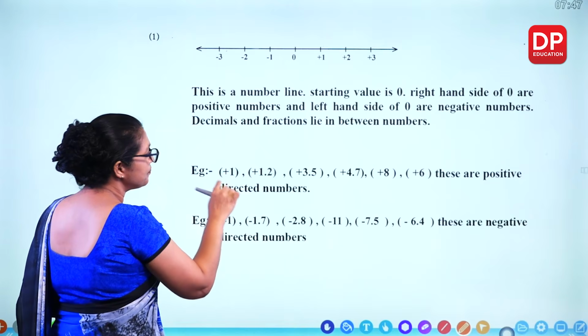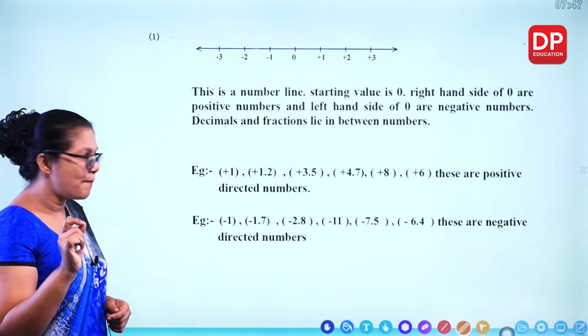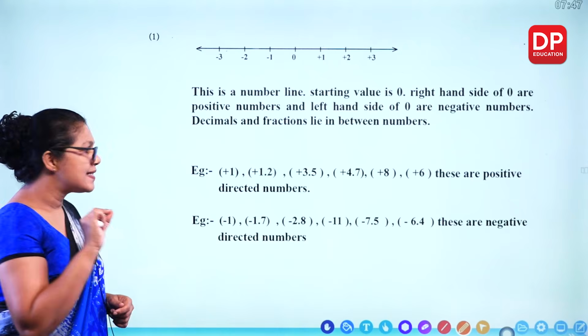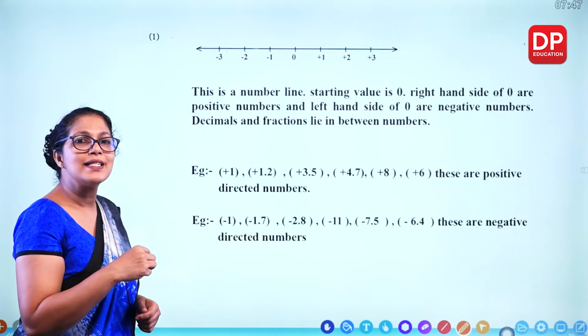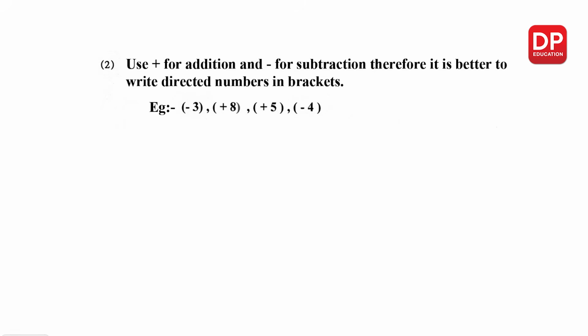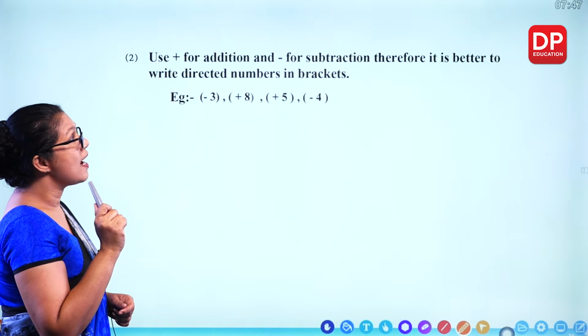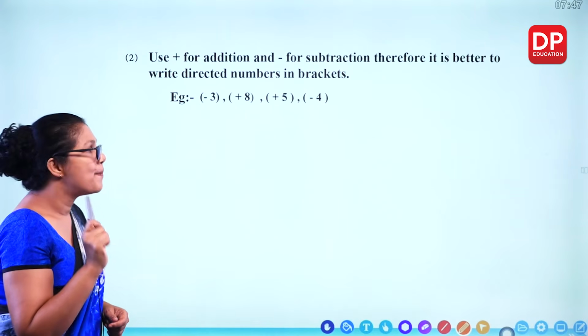So here it's better to write directed numbers in brackets because we can see whether it's towards the positive side or towards the negative side. Now here we use plus for addition and we use the minus sign for subtraction. So therefore it is better to write directed numbers in brackets.